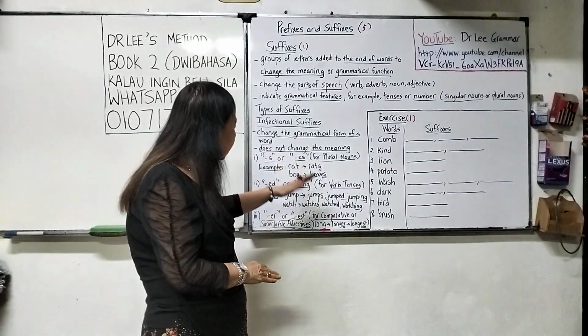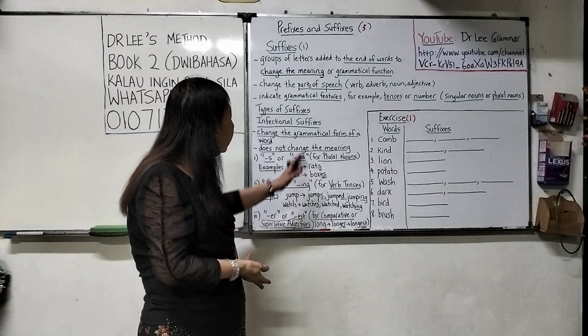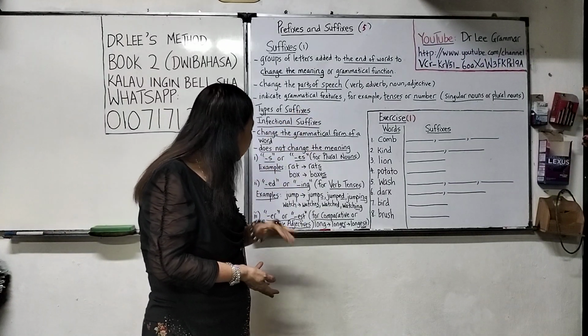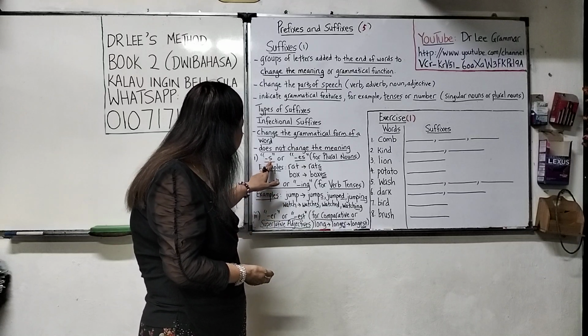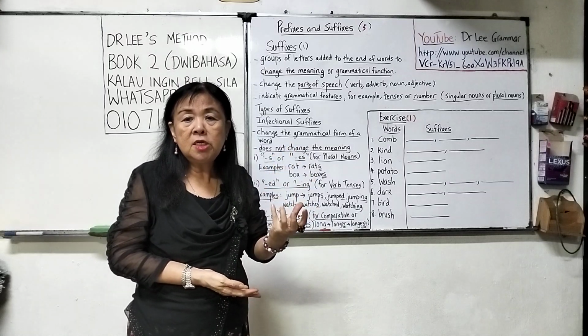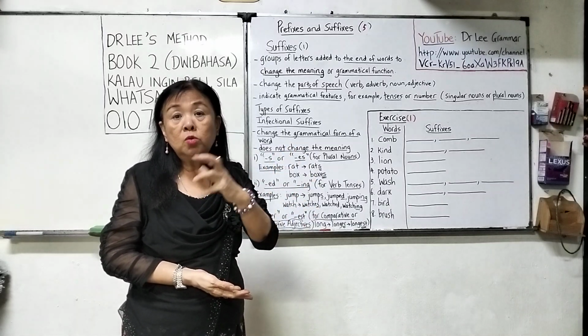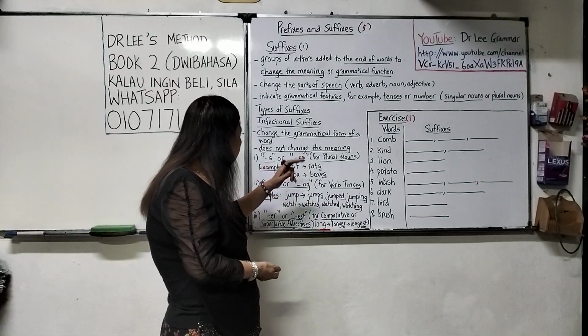By adding suffixes, we change the form. For example, we change the form by adding S or ES, changing the singular noun to the plural noun. So we put S or ES.